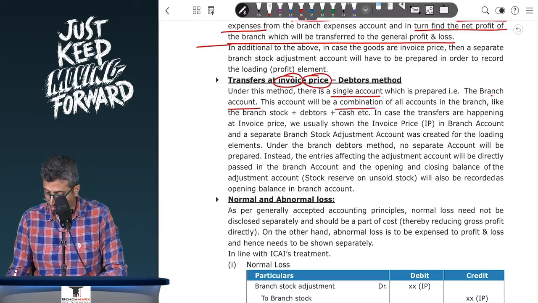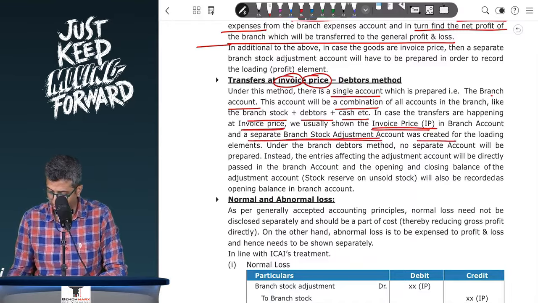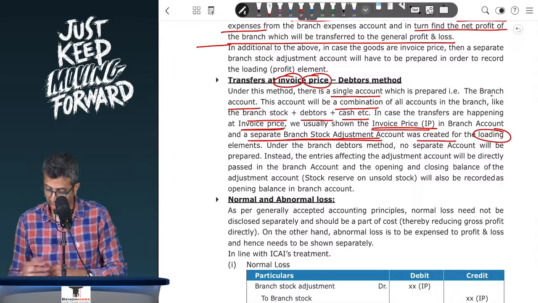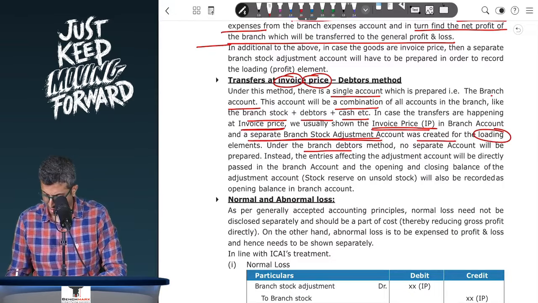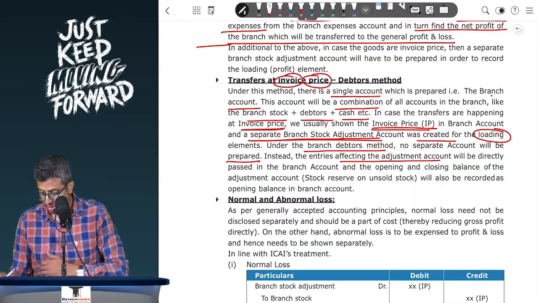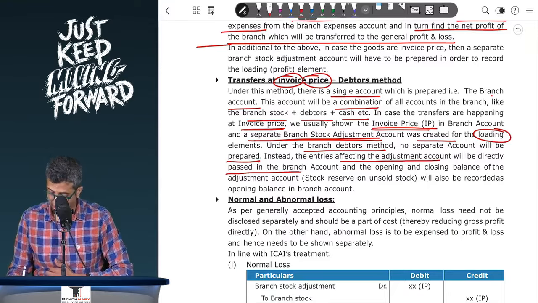This account will be a combination of all accounts like the branch stock, debtors, cash. In case the transfers are happening at invoice price, we usually show the invoice price in the branch account, and a separate branch stock adjustment account will be created for the loading or the profit element. Under the branch debtors method, no separate account will be prepared. Instead, entries affecting the adjustment account will also be directly passed in the branch account only.